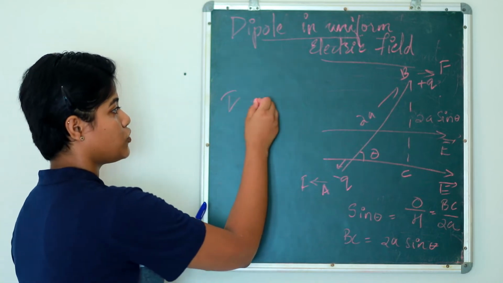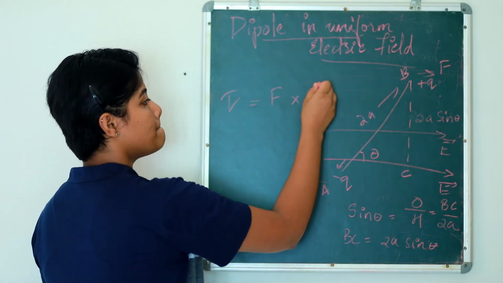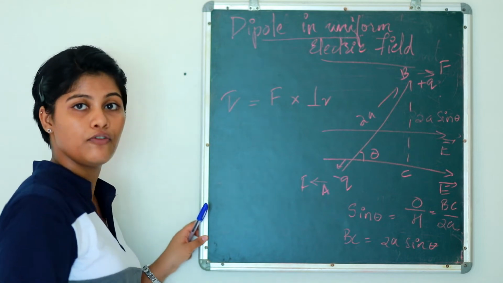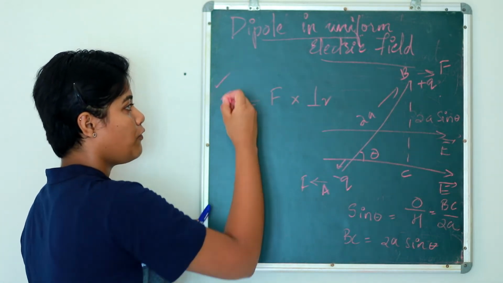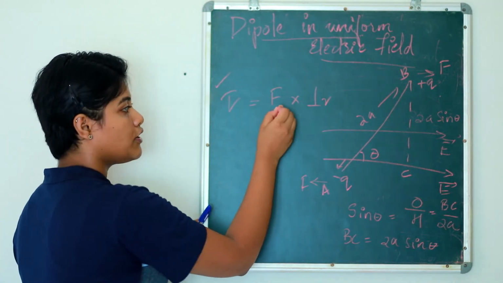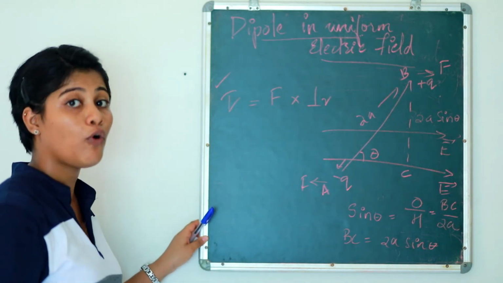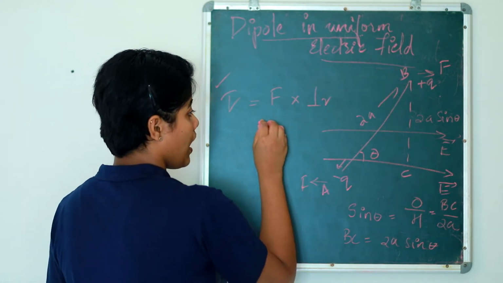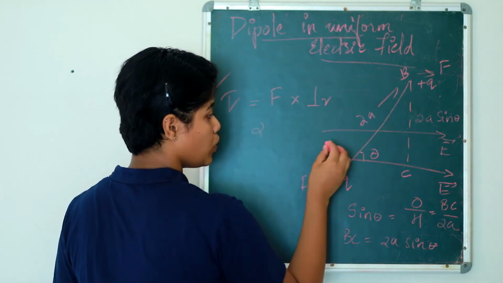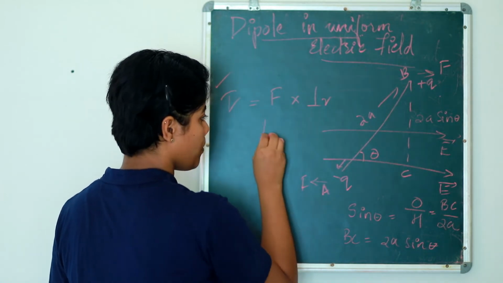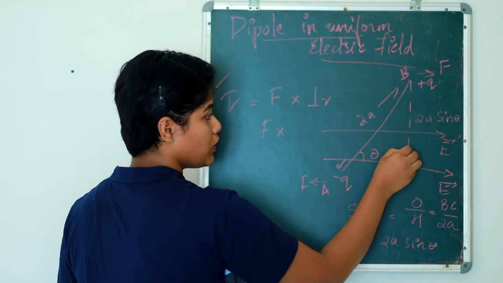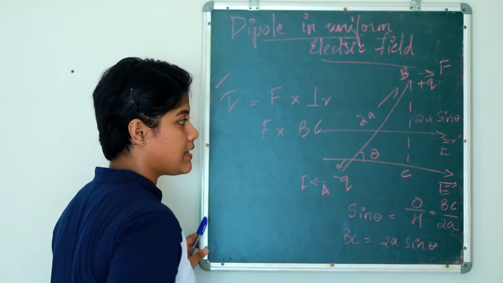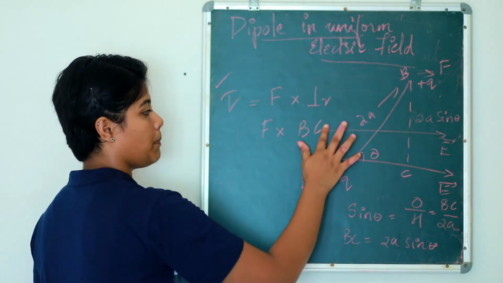So that torque is to be marked as force into perpendicular distance. Tau itself stands for force into perpendicular distance. So what is the force here? The force here is F, into what is the perpendicular distance? That is BC.